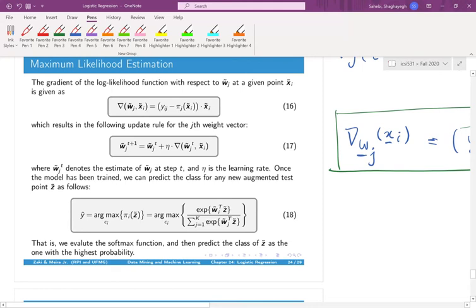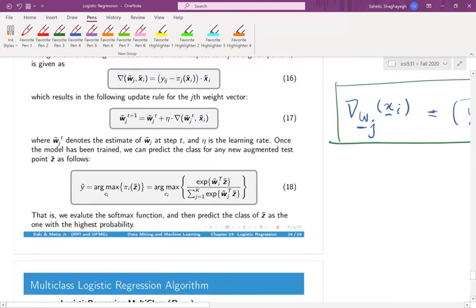We know the pi i, right? We know that pi i is equal to e to the wi transpose that data, right? So we can calculate this for all of our classes. Basically, that is the probability that our data point z belongs to class i given data point z, right?